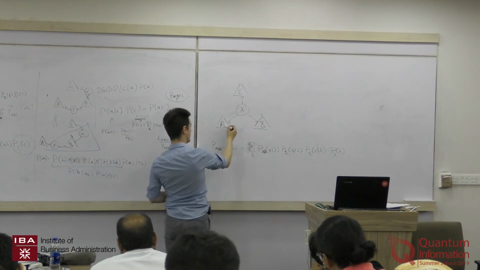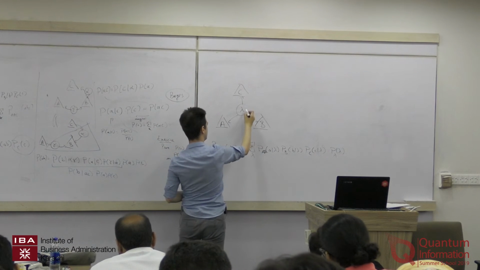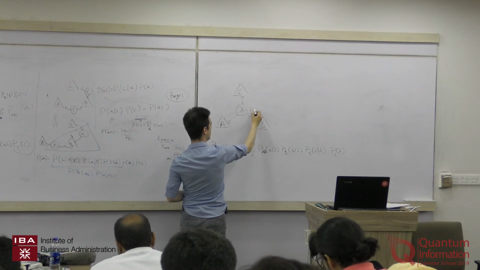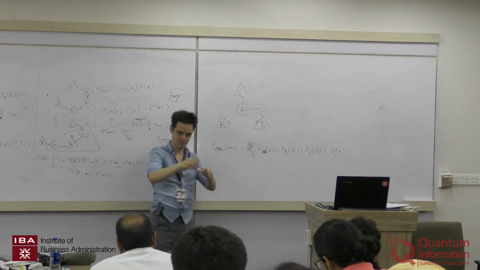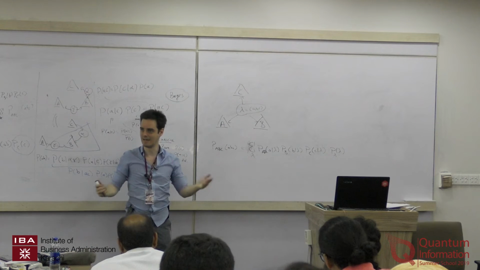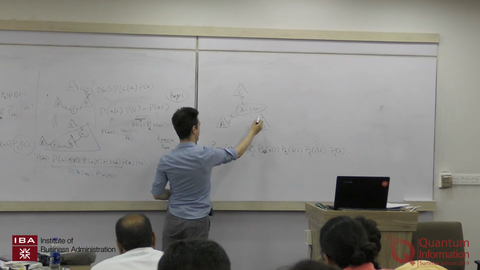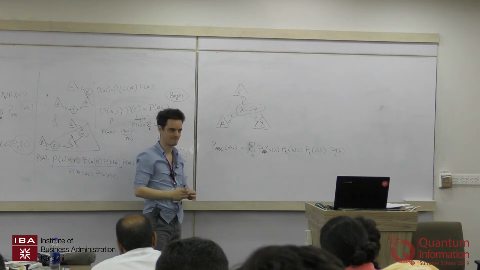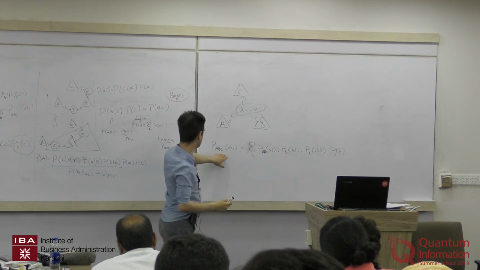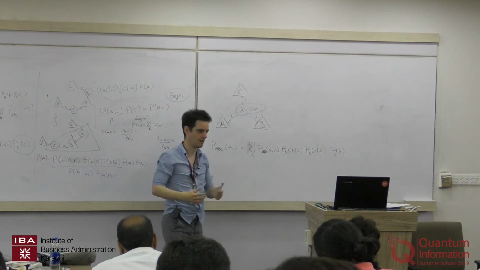If I have a system like this, and A, B, C are bits, what I can actually do is say that lambda is actually the value of A, B, C, and I put that in the source. Then whatever I want to reproduce, I just distribute lambda to everybody and they will output it. So everything that I can observe, I can explain with a model with a common cause.